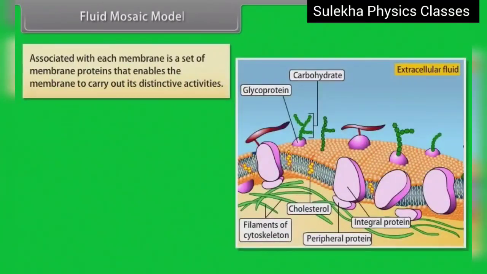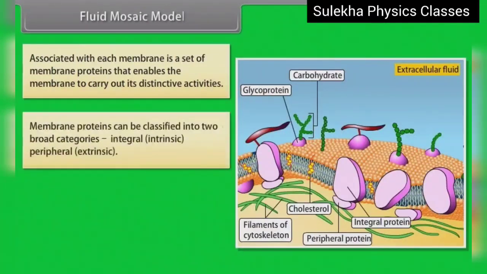Associated with each membrane is a set of membrane proteins that enables the membrane to carry out its distinctive activities. Membrane proteins can be classified in two broad categories: integral, that is intrinsic; peripheral, that is extrinsic.